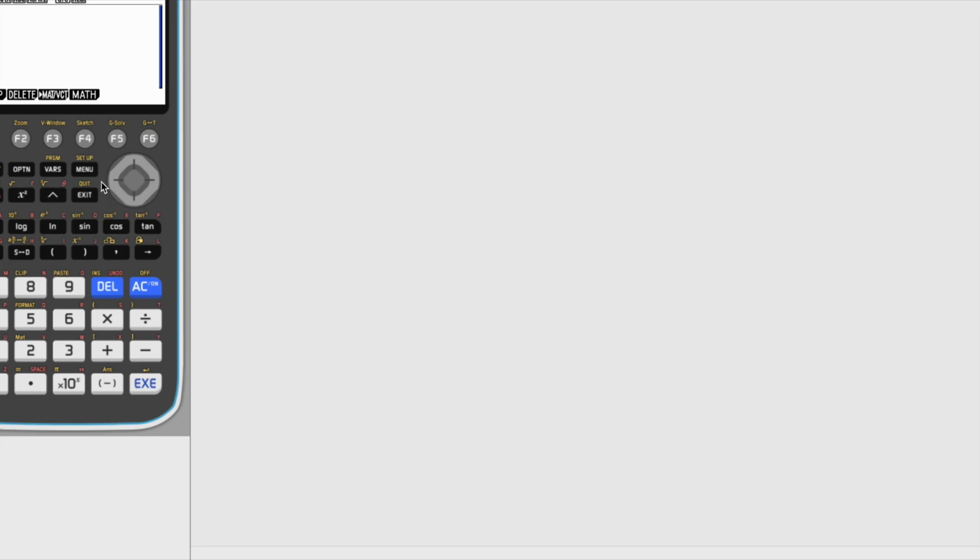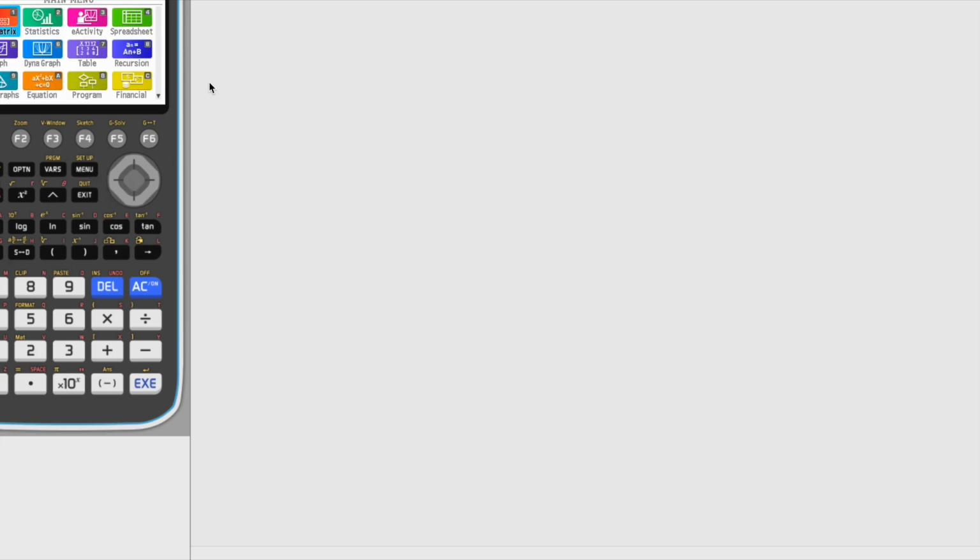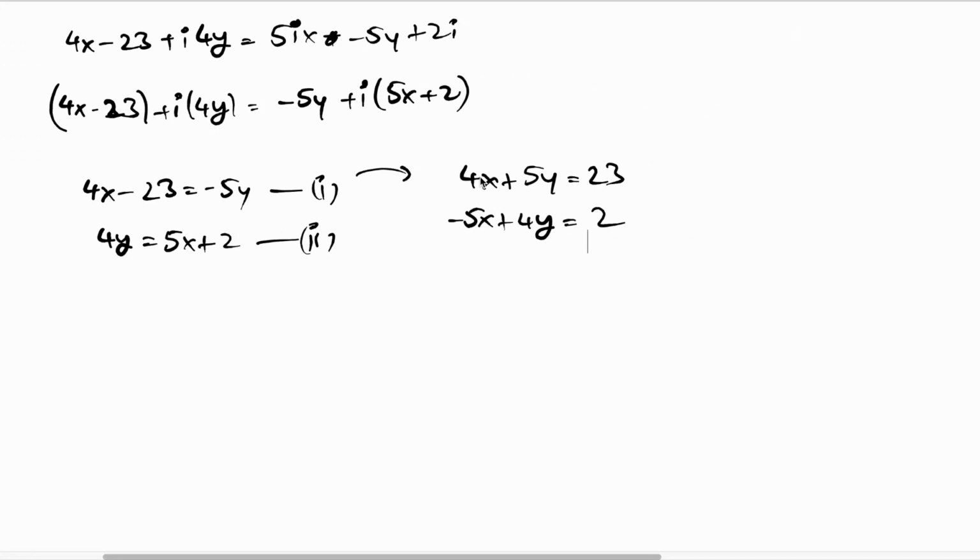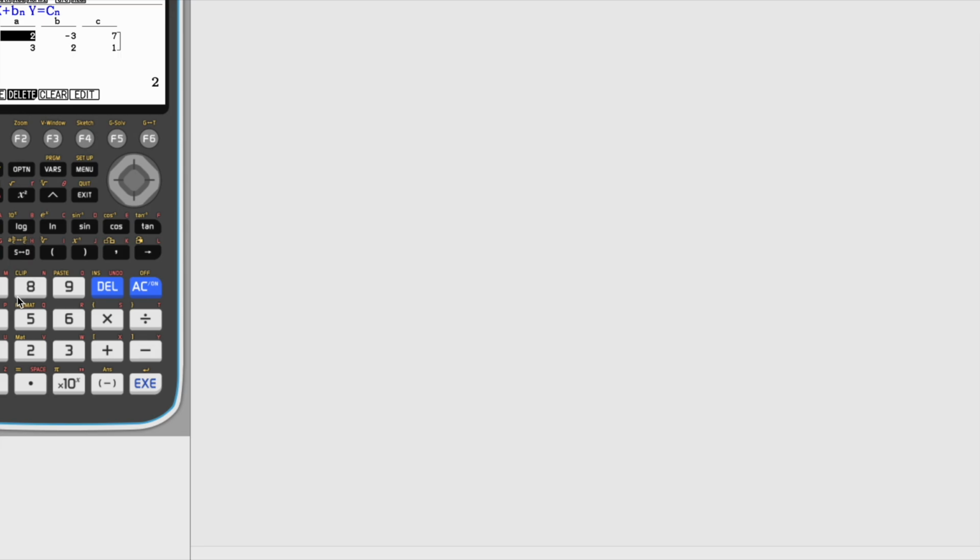Now these two equations I'll solve in the simultaneous solver in the GDC. So I'll press menu, Equations, F1, which is simultaneous solver, number of unknowns 2. It's 4, 5 and 23 for the first equation.